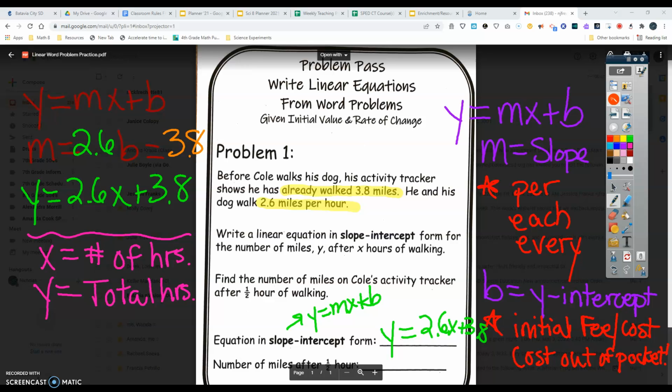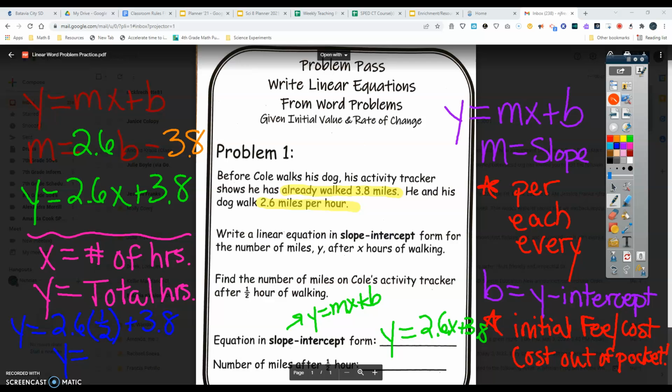Well, we're going to take our equation. We'll go to blue. So we have y equals 2.6, and our x value down here, it tells us the number of miles in a half hour. That remembers number of hours, so we put a half in here, and that is added to 3.8. If you grab your calculator, what's our total going to be?